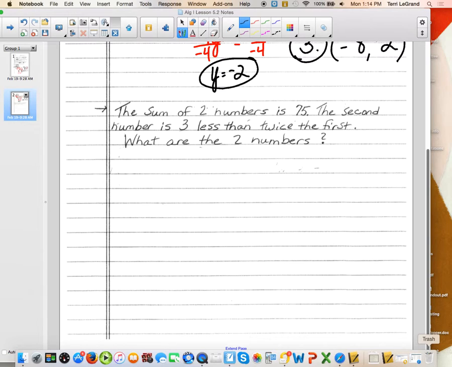The sum of two numbers is 75. The second number is 3 less than twice the first number. What are the two numbers? Well, they didn't tell us what either of them are, did they? No. So we let X represent one of them, and Y represent the other.